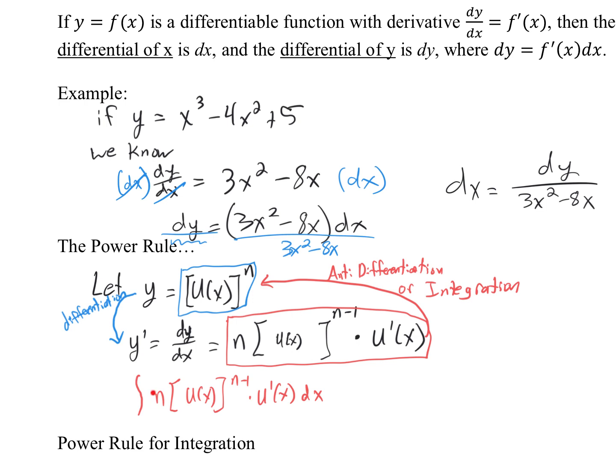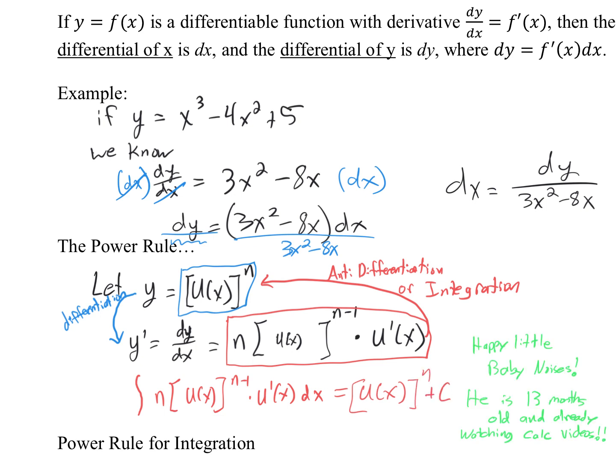So all this is saying is I want the antiderivative of this thing. What is the antiderivative of this thing? It's this function right here. So I'm going to say it equals this thing up here, u of x raised up to the n, of course, with the constant of integration added in.